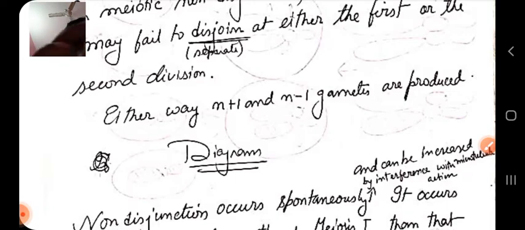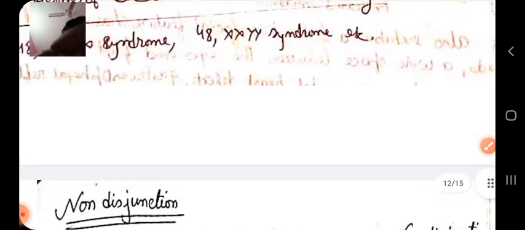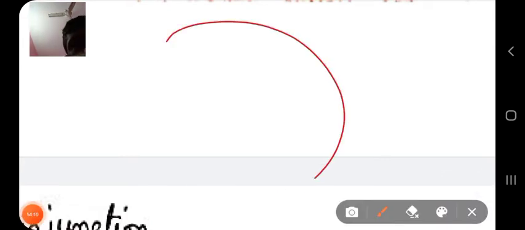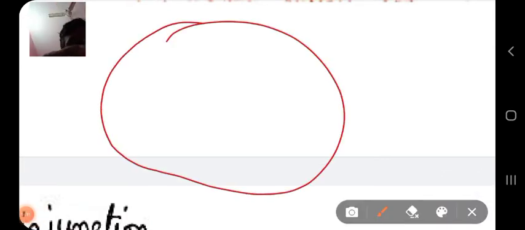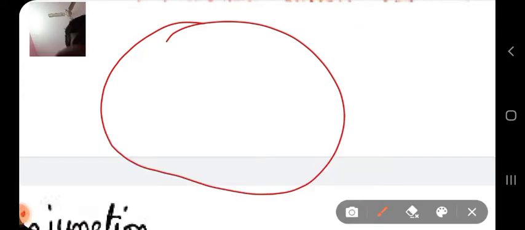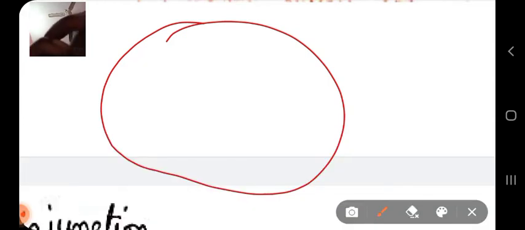So again I repeat, I am drawing the diagram for you to understand. Suppose this is your cell, and this is your chromosome. First I'm drawing the chromosomes now in blue.